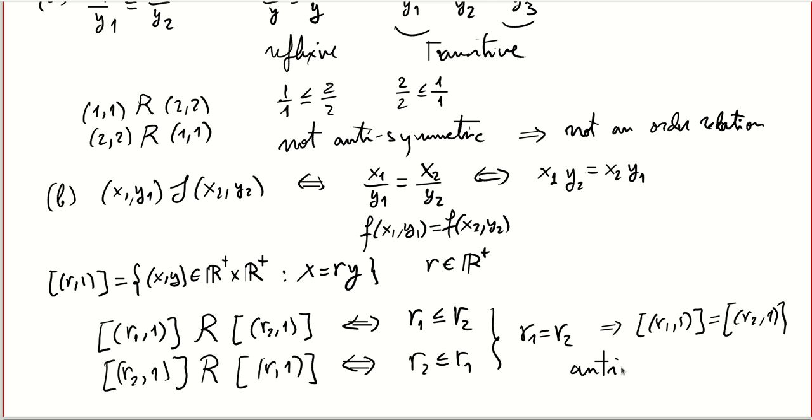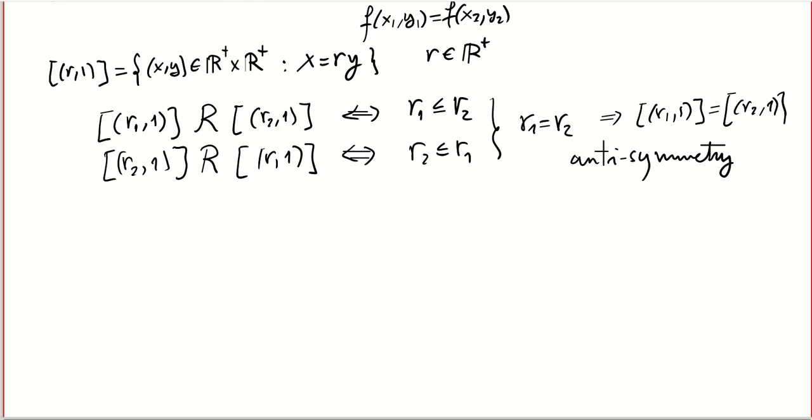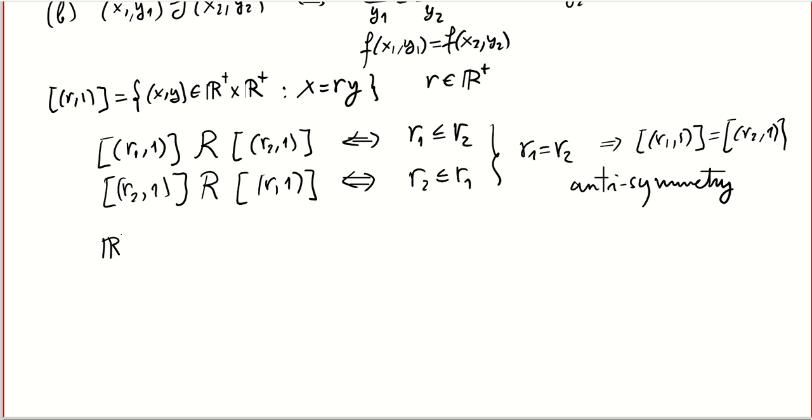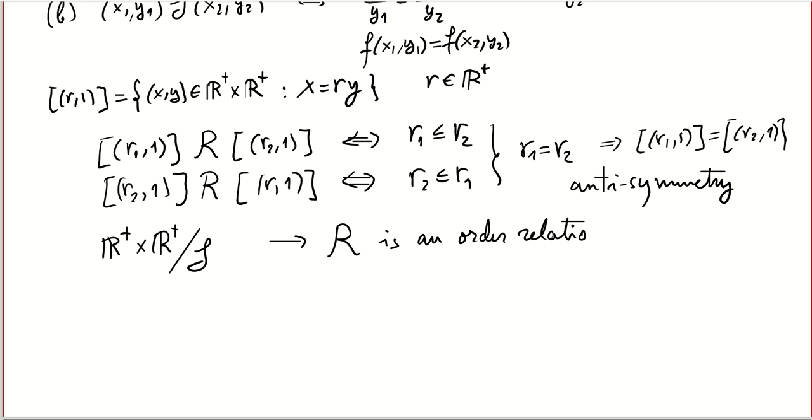So now on this quotient set, R plus times R plus with the equivalence relation that we have introduced, this relation or this correspondence that we have defined, R, is an order relation. You see?